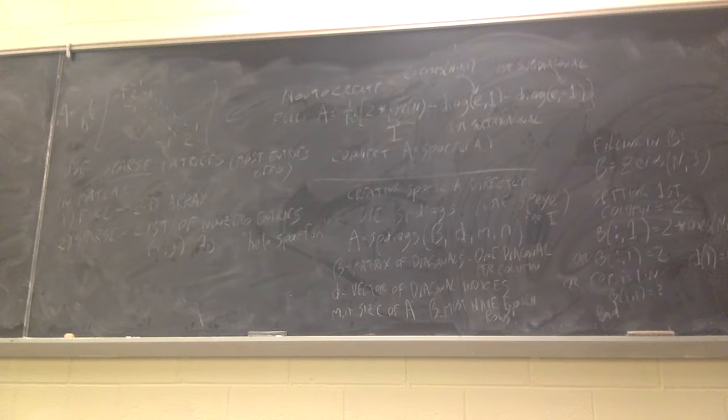Capital B holds the entries. D indicates which diagonals they are placed on.